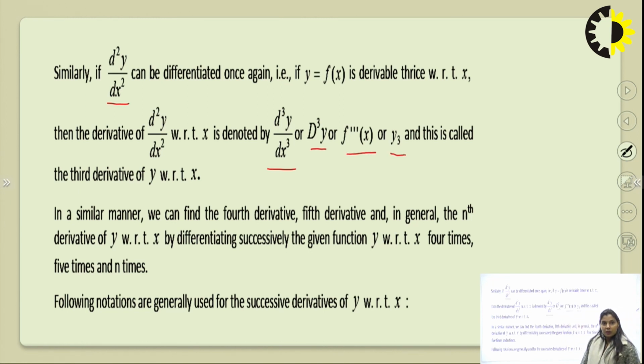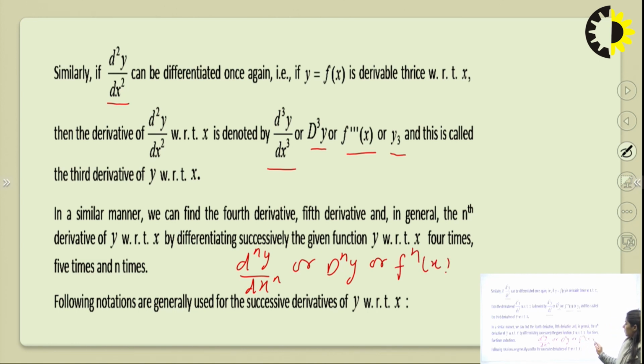And in a similar way, we can find the nth derivative of y with respect to x, which can be denoted by d n y upon dx n, or D n y, or f n x, or yn.